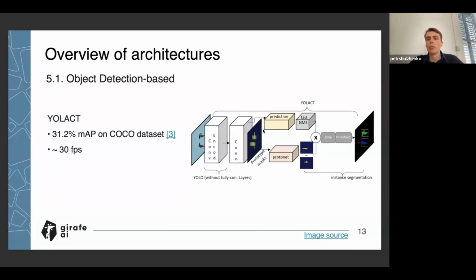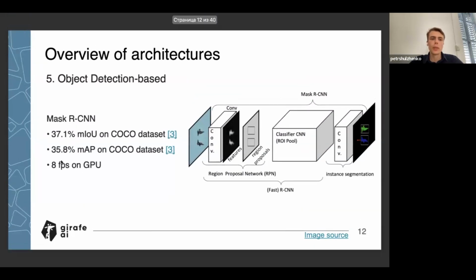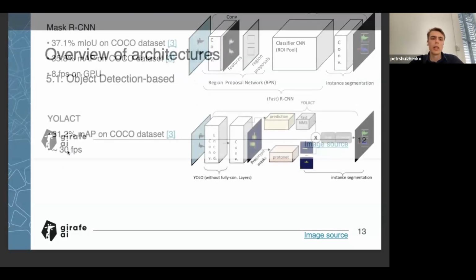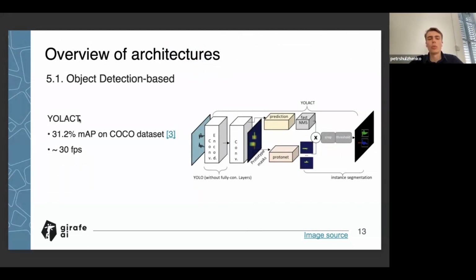You have a pretty performant architecture with pretty good metrics, because, for example, the first version of YOLACT had a speed of 30 frames per second, but the metric was a bit worse than Mask RCNN. But the second generation of YOLACT was already comparable with Mask RCNN, but extremely more performant.